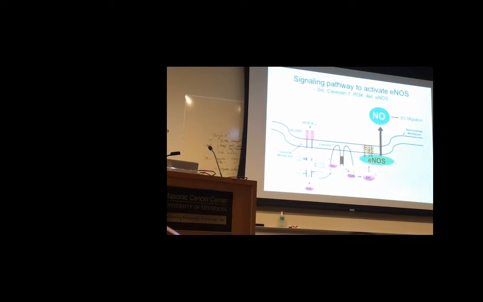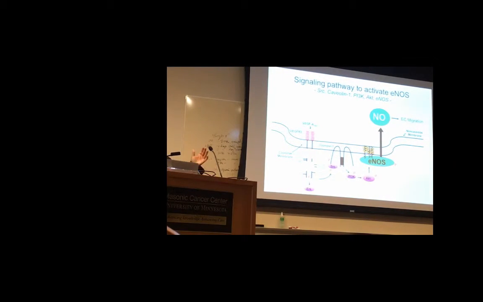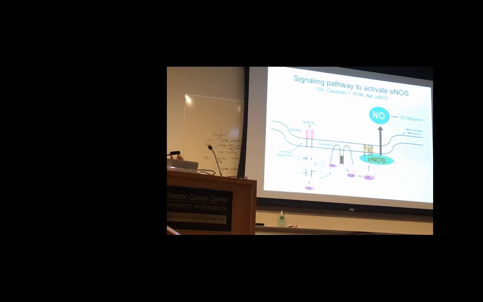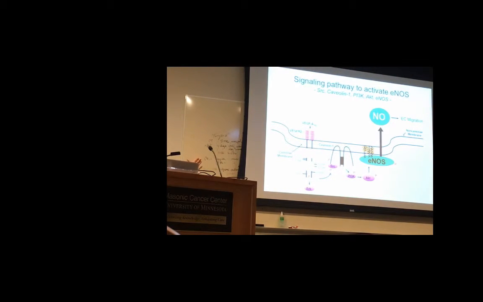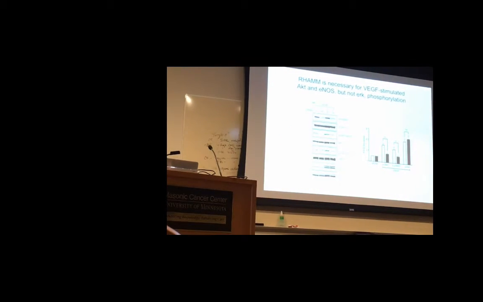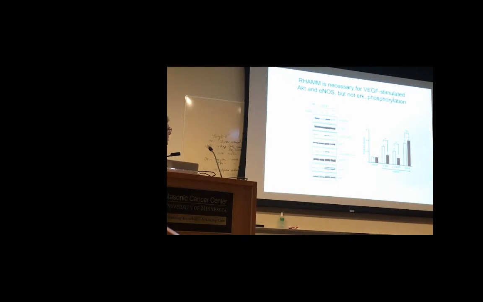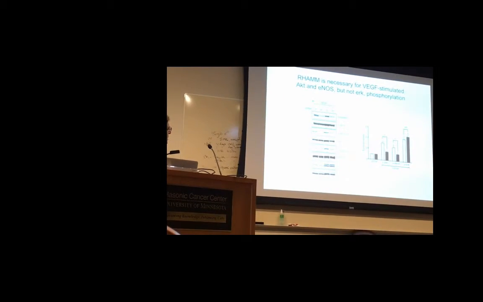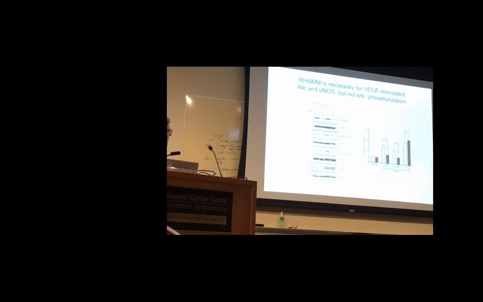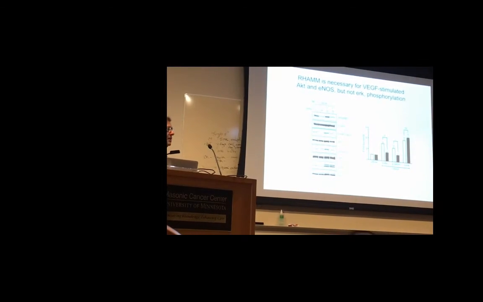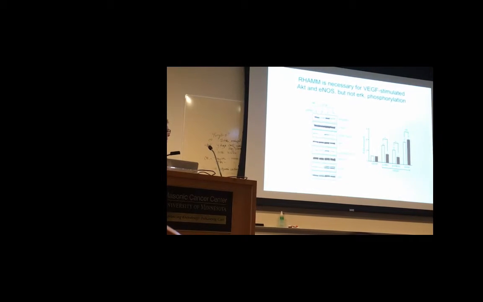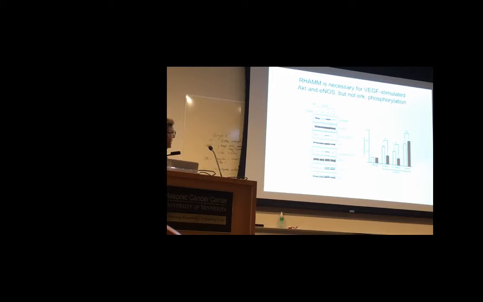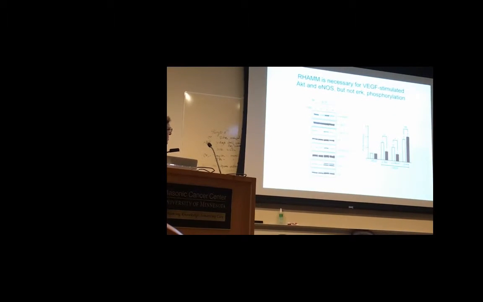So now this is sort of pathways that have been identified for a long time, and now we could define where in this pathway RHAMM was functioning. So we first did siRNA to RHAMM or scrambled. We got knockdown of RHAMM, and we looked at AKT and eNOS phosphorylation using phospho-specific antibodies. And we could tell that VEGF caused AKT phosphorylation, eNOS phosphorylation, and ERK phosphorylation.